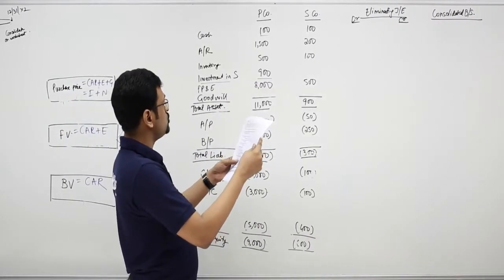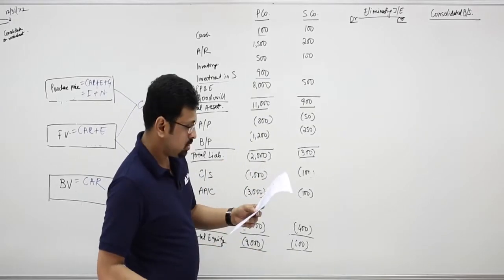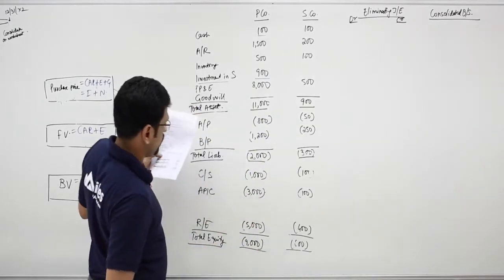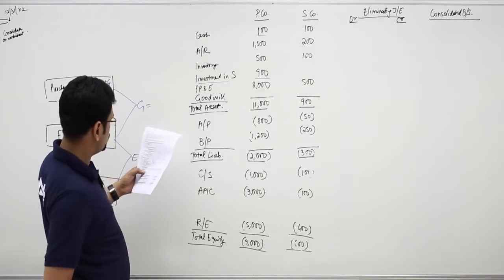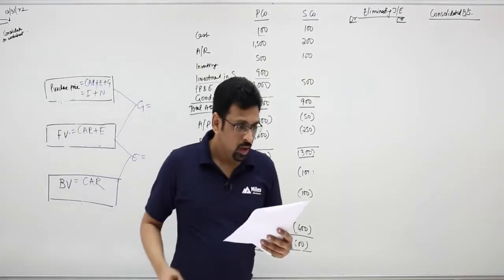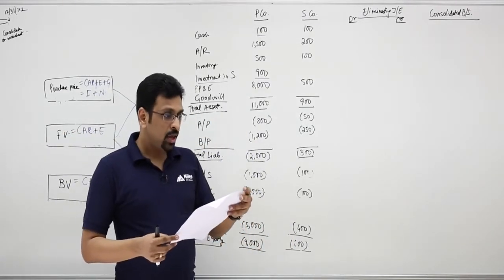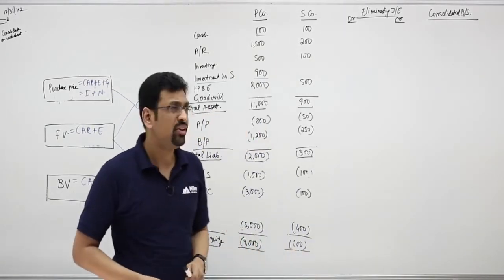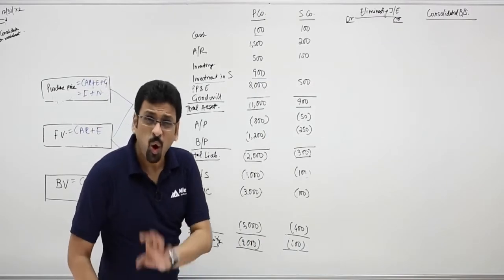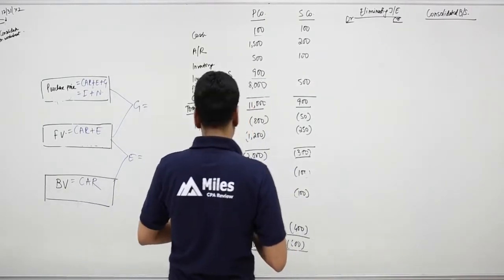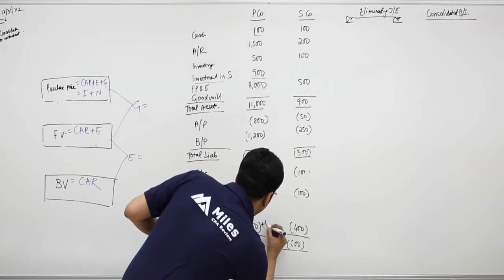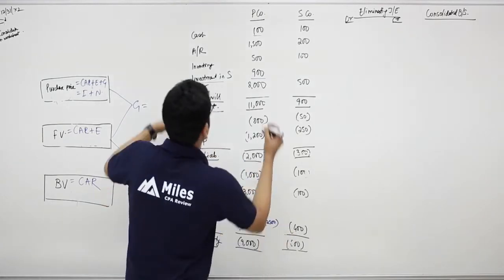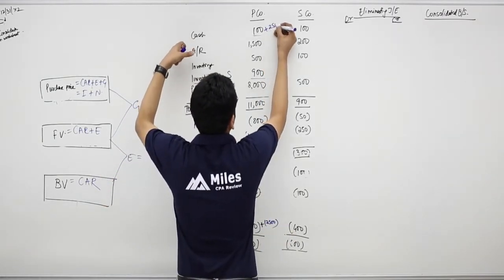Now there's a little bit of change here. This looks good. Now, what they're saying is the parent had income during the year of $2,500. Now, let's assume all that income was earned in cash. So retained earnings would have increased by $2,500 and cash would increase by $2,500.